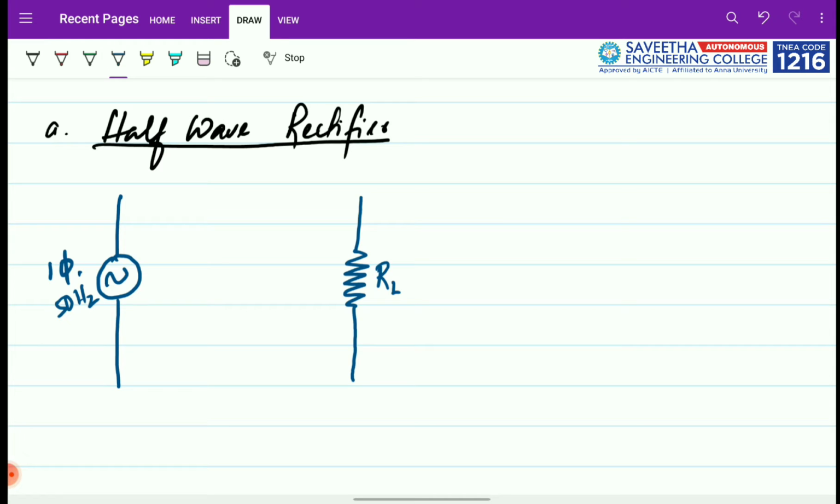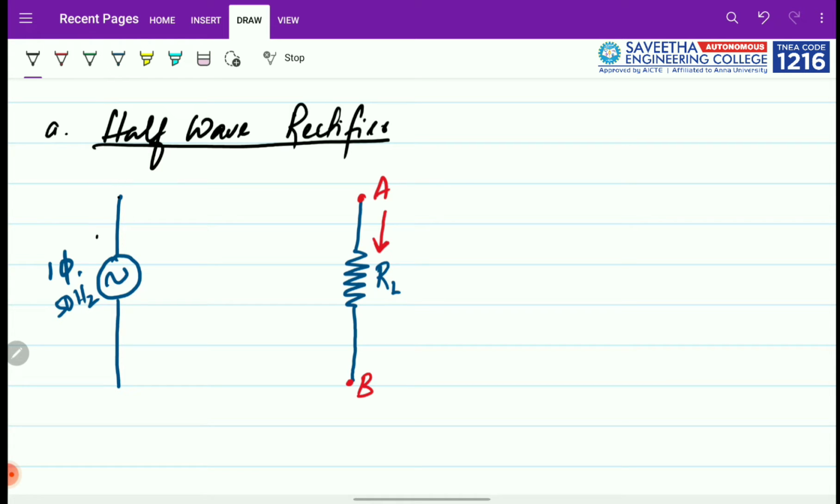Let me understand it this way: the load has two terminals, A and B. If I want this load RL to be DC, the current direction should always be one direction. So I assume the current direction is always from A to B, whatever the input is. First I connect the circuit from the input high terminal.